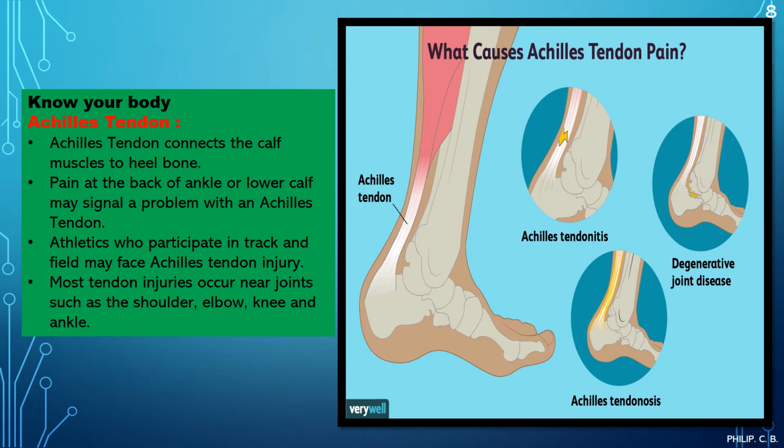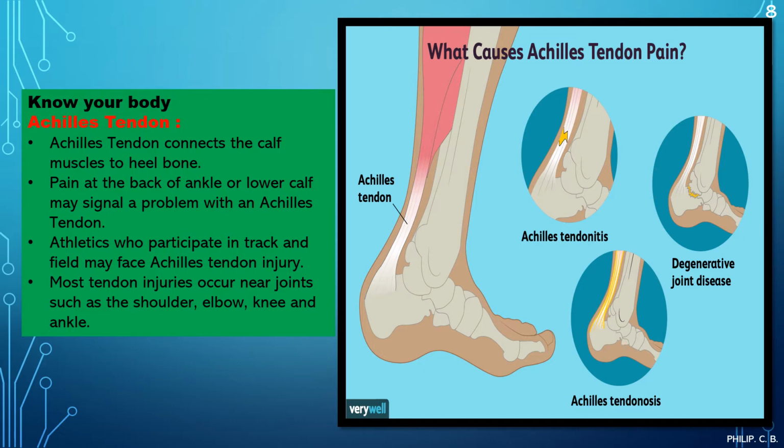Most tendon injuries occur near the joints such as shoulder, elbow, knee and ankle. So this type of injury mainly occurs to sports persons, athletes, badminton players, tennis players, as they continuously move their legs, shoulders or joints. A long run of play without rest can affect this region.